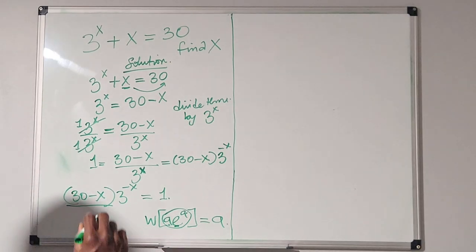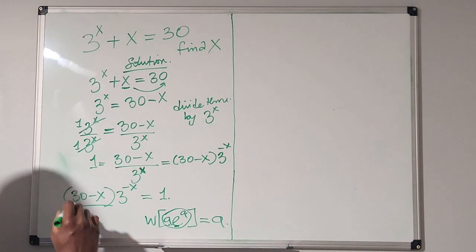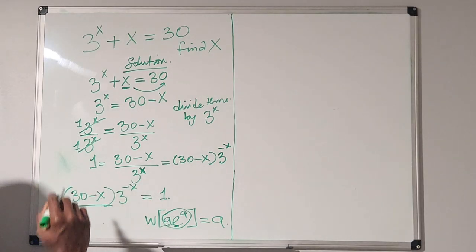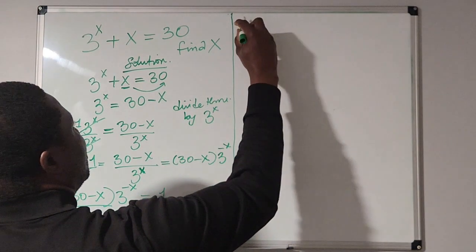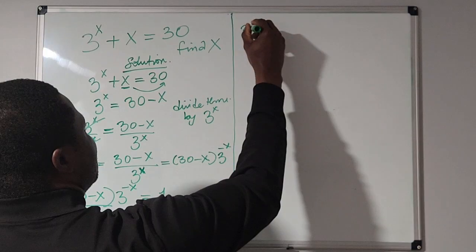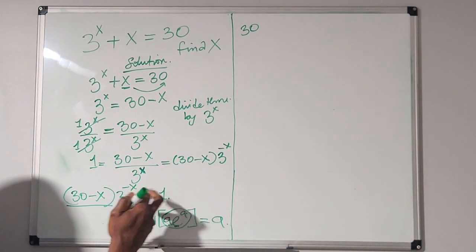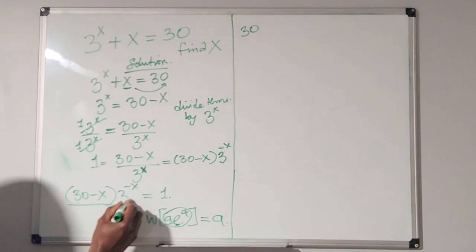Okay, so next thing we're going to try to do is get this 30 to the power. And to do that, what we have to do is to multiply both sides by 3 raised to power 30.